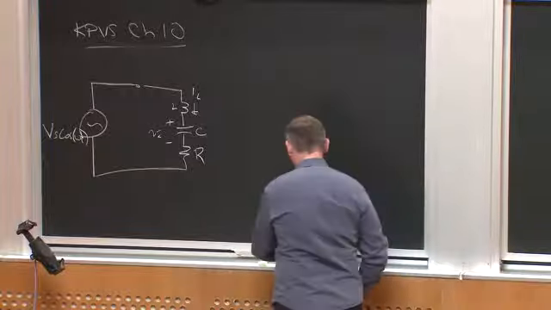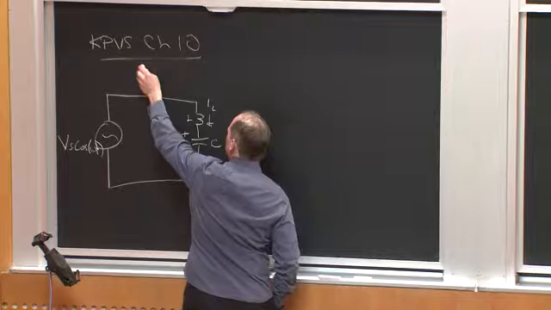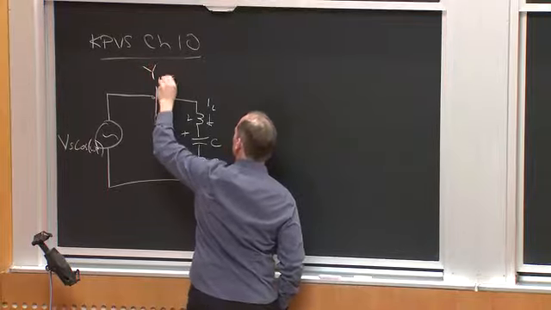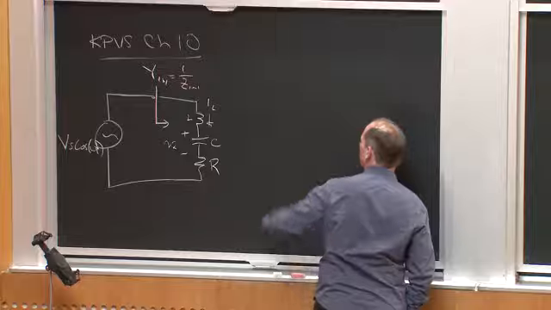And we said we could look at the admittance looking into the network. Right? And we said that looks something like this.